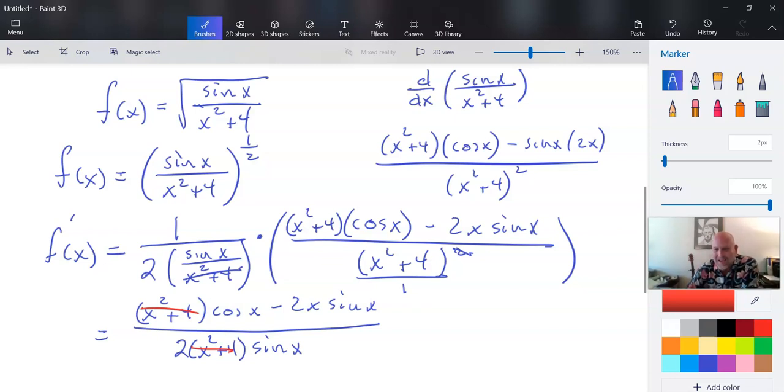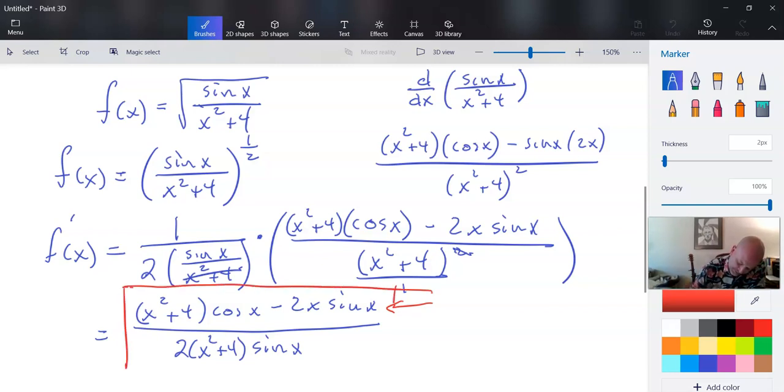You cannot do that. That is an illegal move, and it's because you don't have an x squared plus 4 in this last term. It has to be present in all of the terms to be able to cancel it out. If it's not, you can't do anything with it. Right? That's it. It has to be in all of the terms. So this would be your final answer, right?